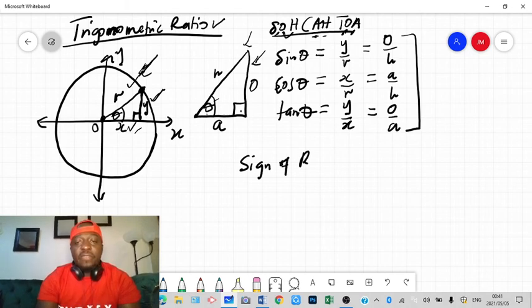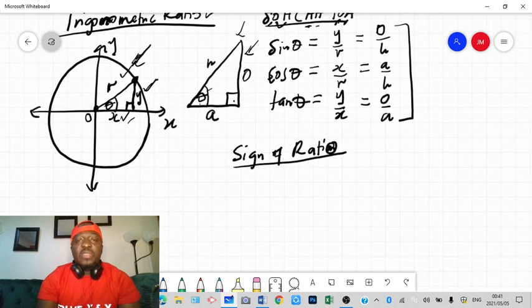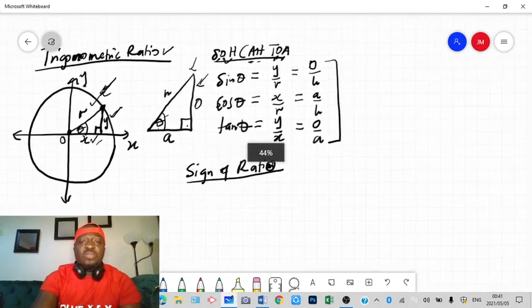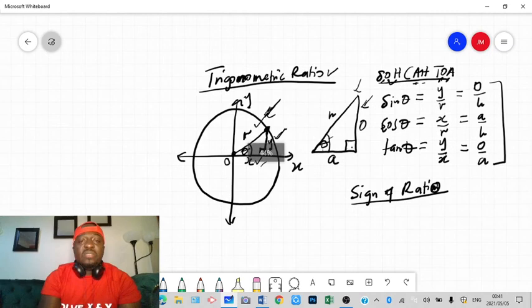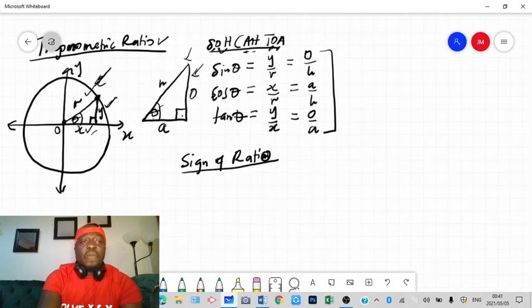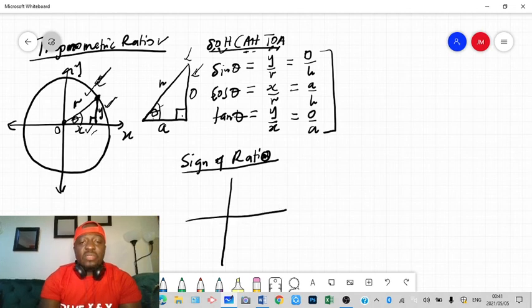of the ratios. The signs of the ratios on the Cartesian plane. And I want you to pay attention to that so that you don't get lost when you are now using the ratios and their signs. Remember, this is your y-axis, this is your x-axis.